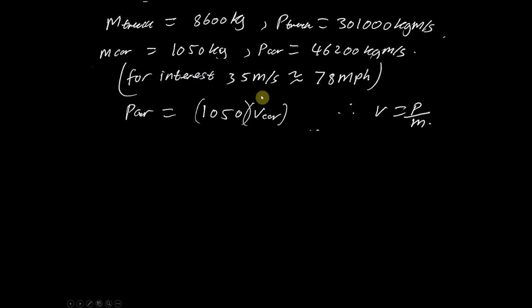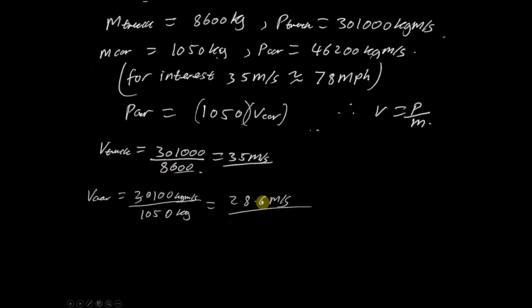For interest's sake, 35 meters a second here is about 78 miles per hour, which is probably what this will come out as. Gave the answer away up here. So the velocity of the truck will be the momentum divided by the mass, which should, if you check the units, give you meters per second.